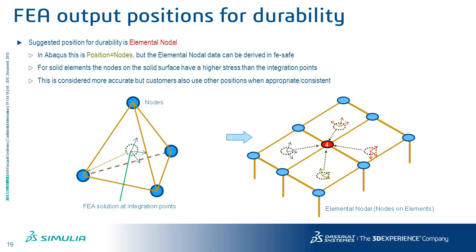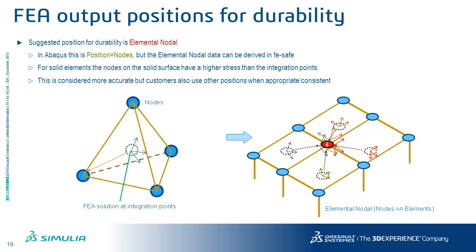So for example, in the slide on your right-hand side, if you have a node shared by 4 elements, then when you put position equals to nodes, that specific node has 4 tensors.